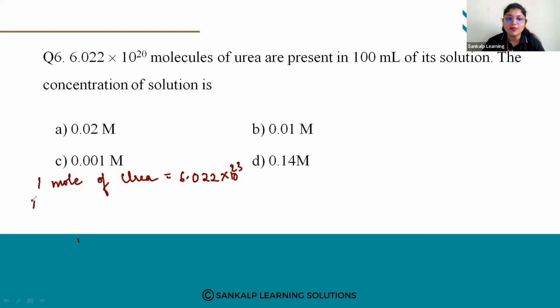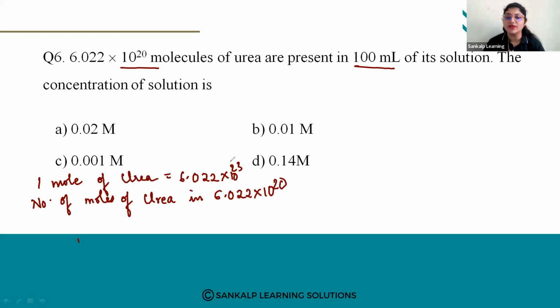Then the number of moles of urea in 6.022 into 10 raised to 20 is how much? It is given here. Now how are we going to solve this? They have told us to find the number of moles in 100 ml of its solution, and then the concentration of the solution.